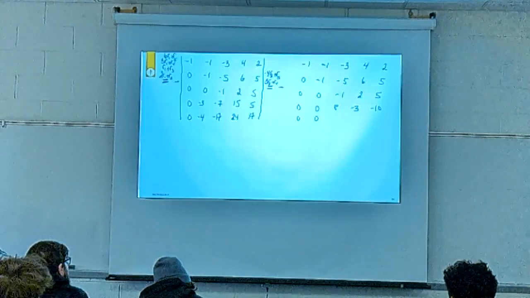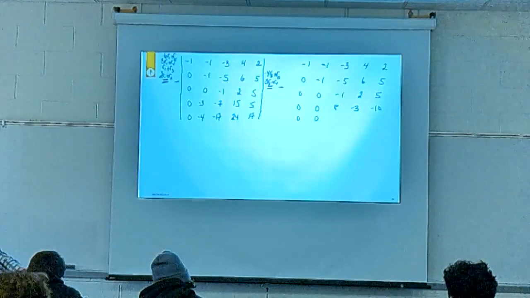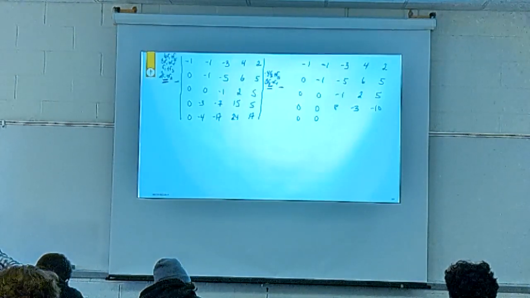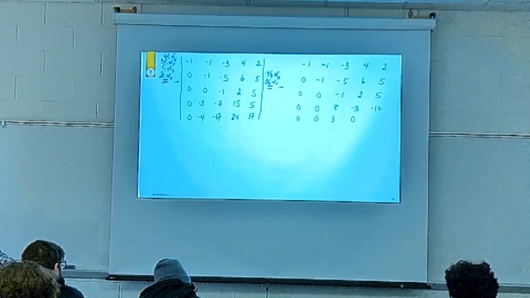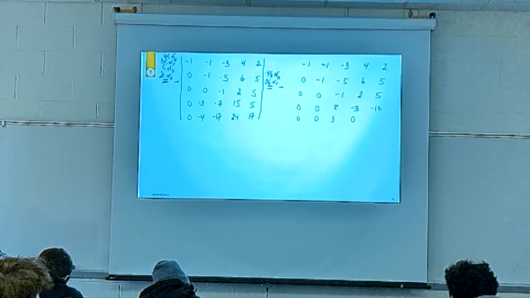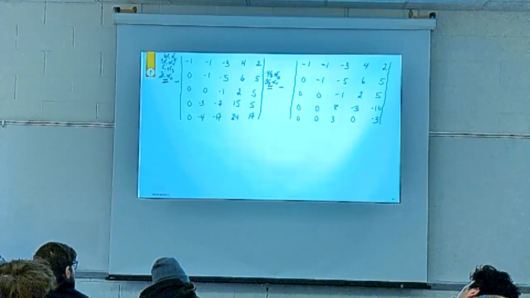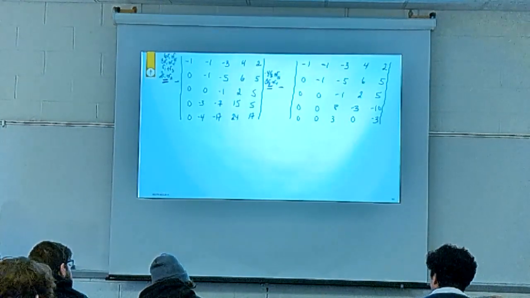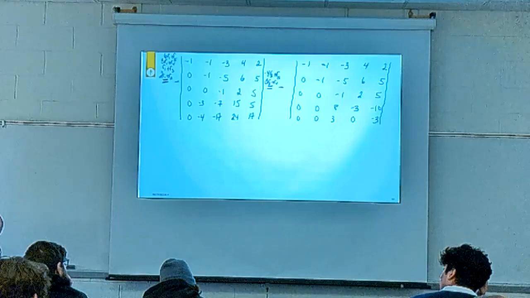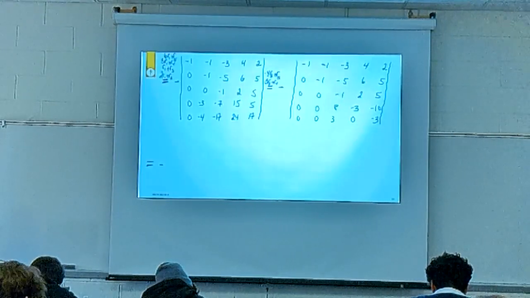What do we get for row 5? Right. It's going to be what? 8 and 3, right? Multiplying by.